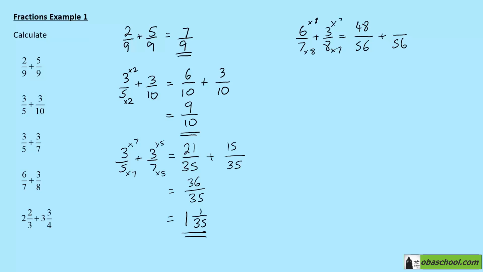So we have to multiply the top by 7, which is 21. And so that gives me 69 over 56. Now if we wanted that as a mixed number, then 56 goes into 69 once, and the remainder there is 13. So it would be 1 and 13 over 56.